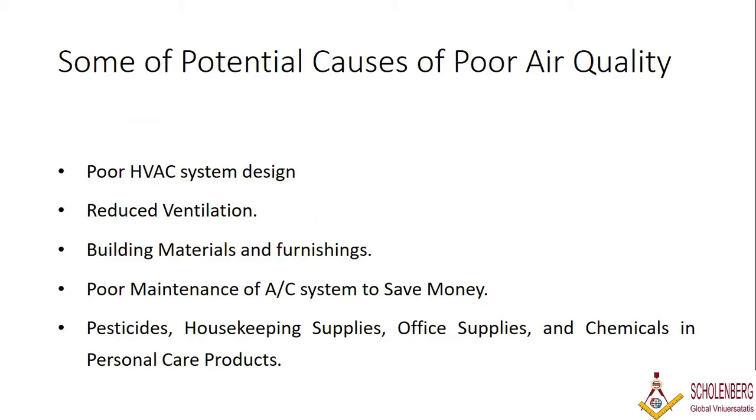What are the causes of poor indoor air quality? One of the major causes is the HVAC system not being designed properly, and not following the proper ventilation requirement, that is the air changes per hour, as per the international standards.